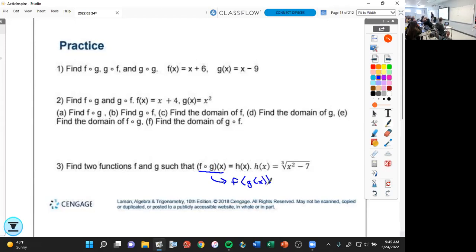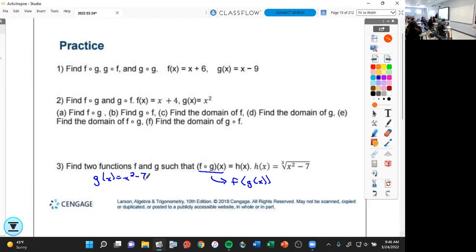This is a decomposition. What function do you see on the inside of this function? X squared minus 7, do y'all agree? So because g of x is the inside, I'm going to say that g of x is x squared minus 7.